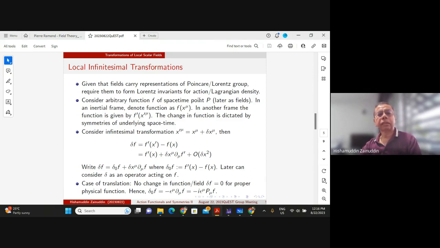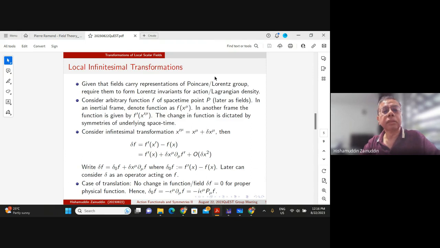You make combinations of the fields to form Lorentz invariants, so that if you go from one reference frame to another, that action or Lagrangian density still works.